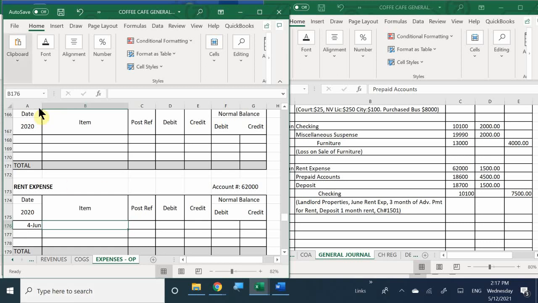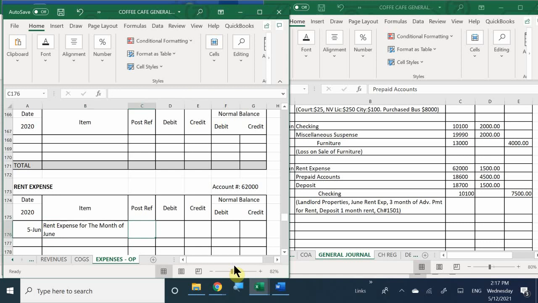So I could say this was rent expense for the month of June. However descriptive you want to be, you want it short and sweet, just write June.